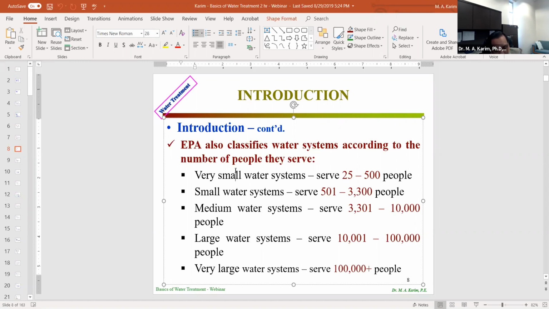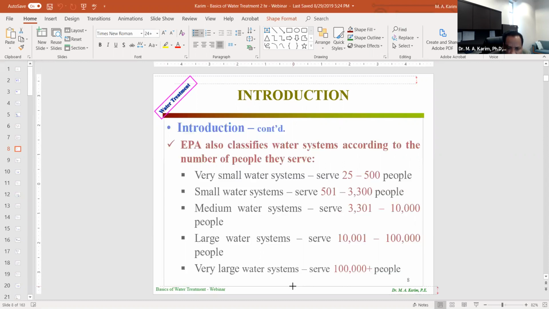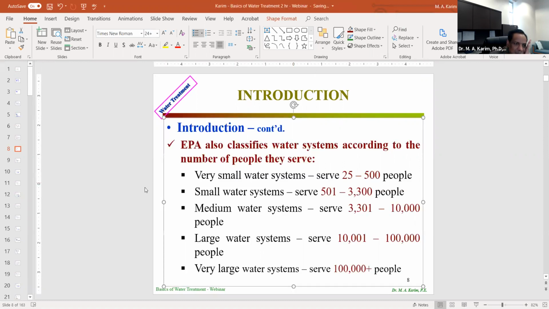So that's the main reason, and we can enforce more regulation on them. It doesn't mean that the smaller ones will have an issue and people will die. No, it's not the case. But again, from a management and reporting point of view, it was different. So that's the reason they did the classification based on the number of people they serve.